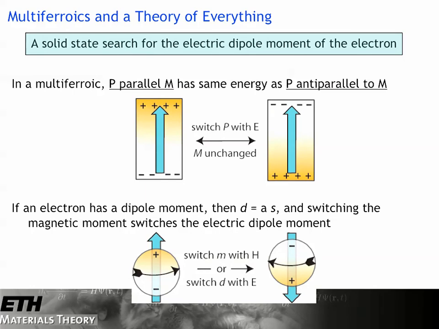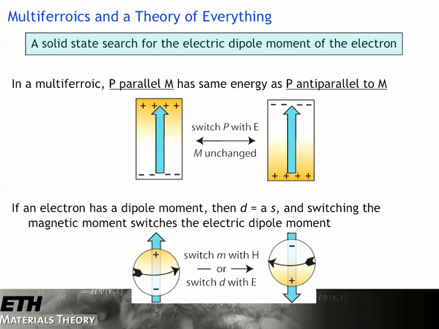So a consequence of this is that here's my electron and this is representing its spin, which determines its magnetic moment and its electric dipole moment. If I either switch the magnetic moment with a magnetic field, or the electric dipole moment with an electric field, the other property is obliged to switch.